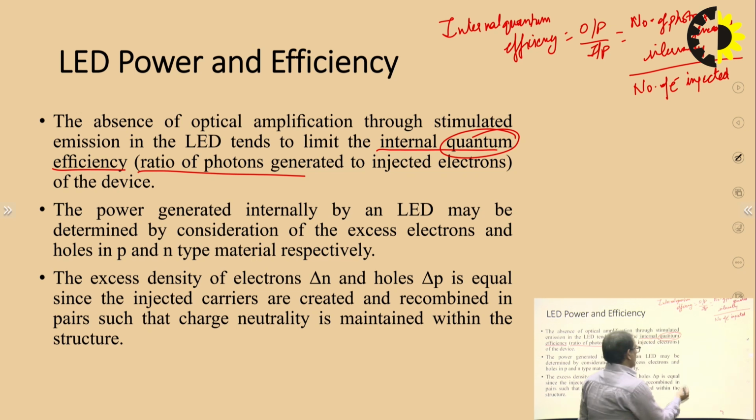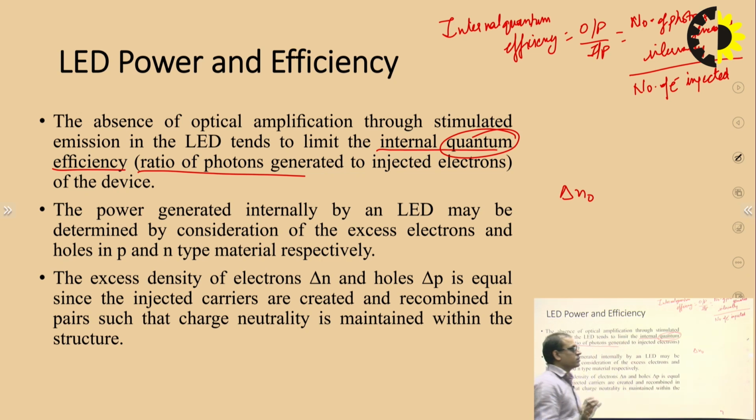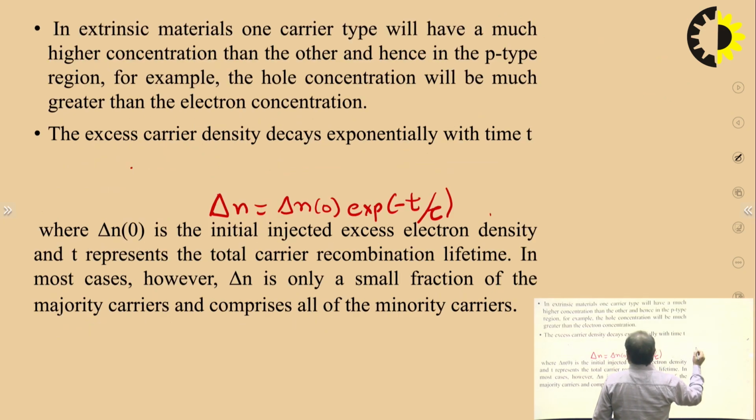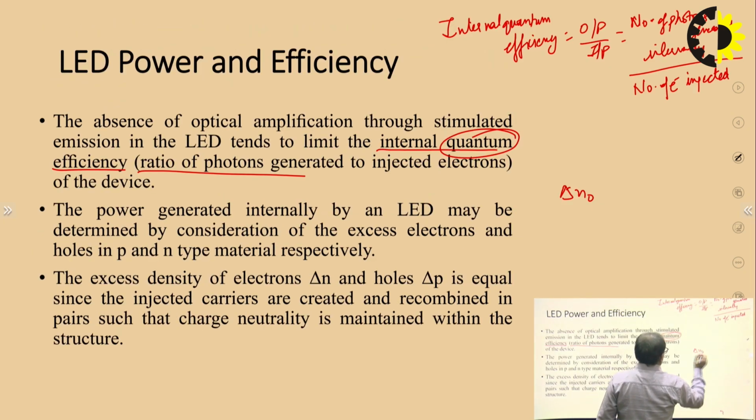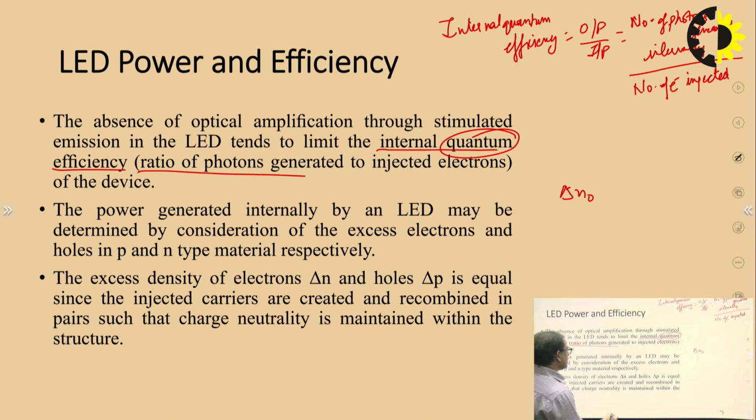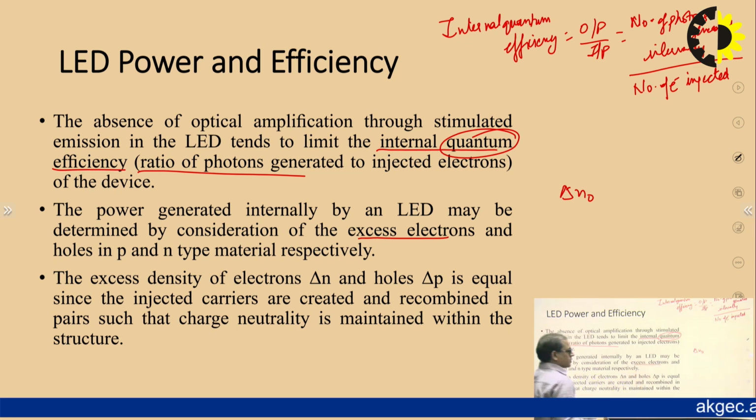Let's say the initial number of electrons injected into the p-n junction diode is delta n naught. Clear? That is the initial excess electron density.